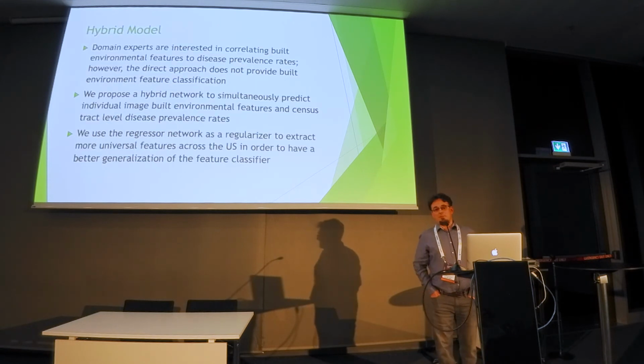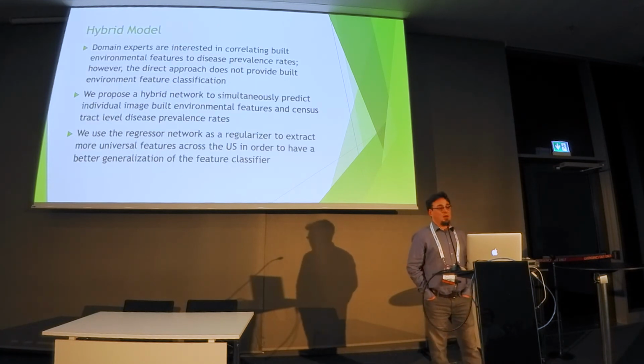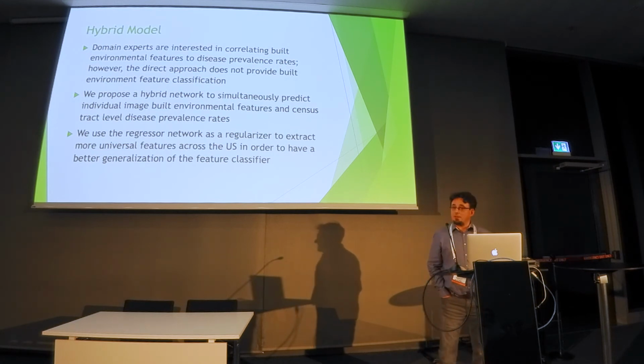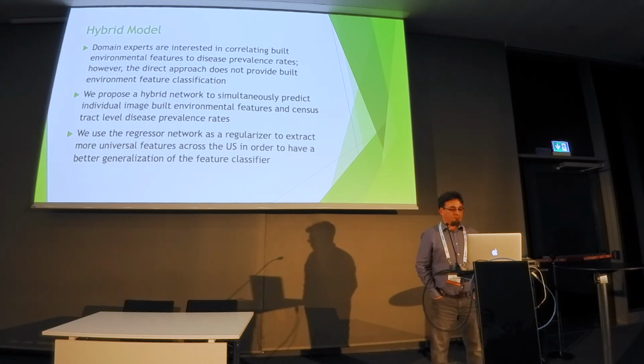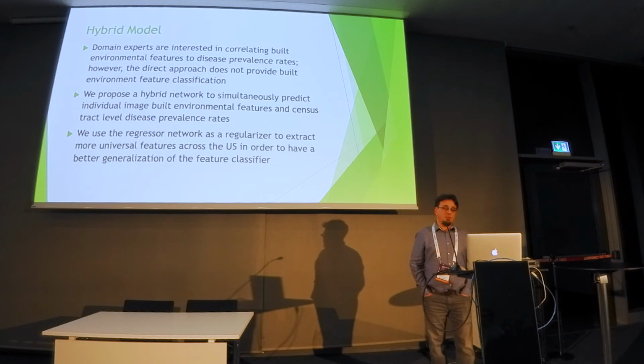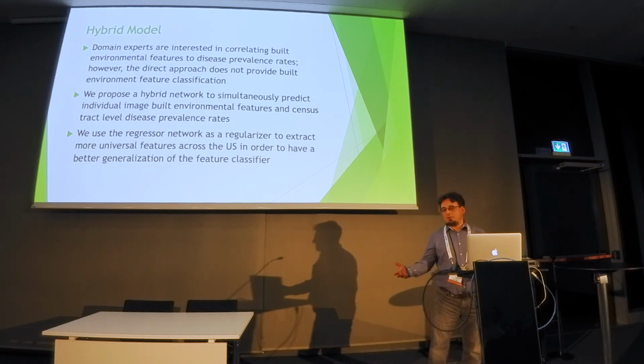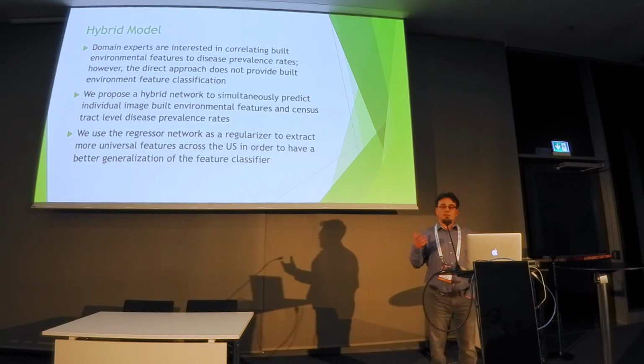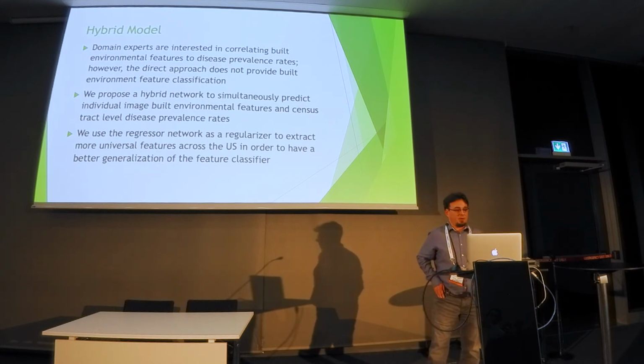However, of course, the model is a black box there, so we no longer have the built environment features to correlate with the disease rates. We can then try to combine both approaches into a hybrid model, where we simultaneously predict these built environment features at the single image level, but at the same time use the same model to predict the census tract level disease prevalence rates.